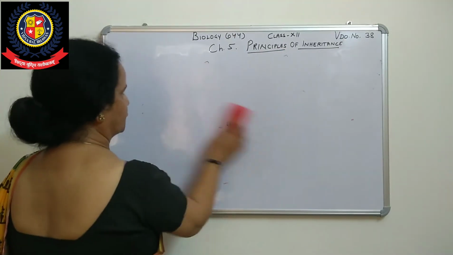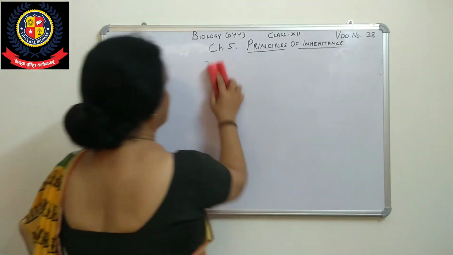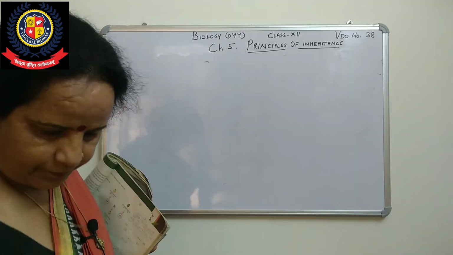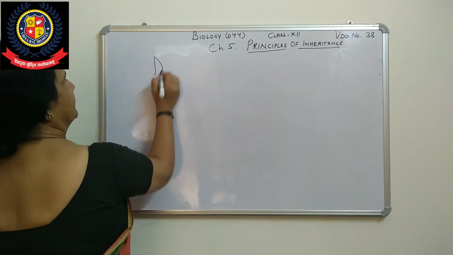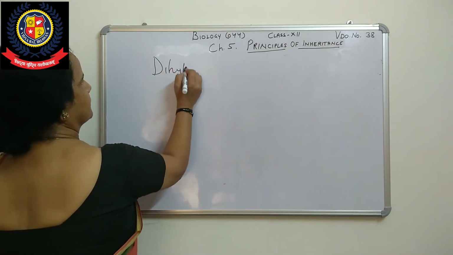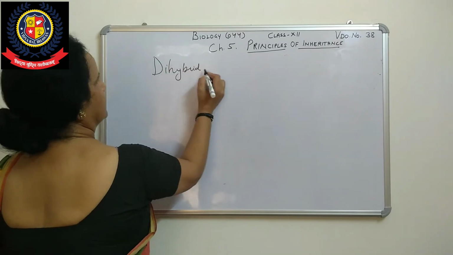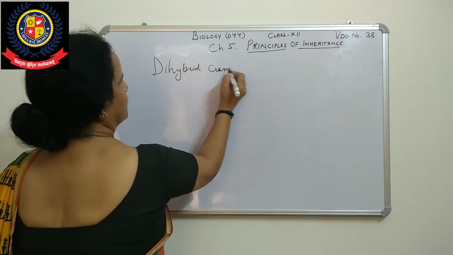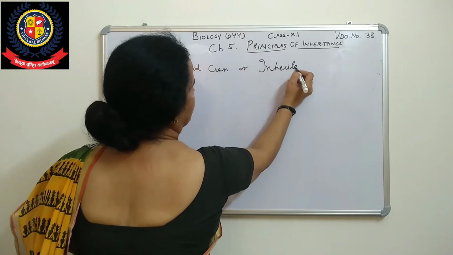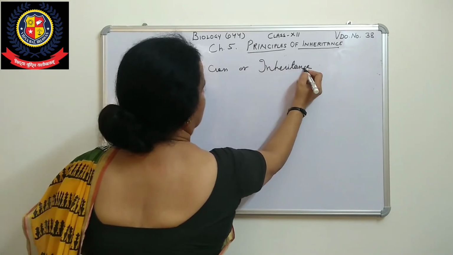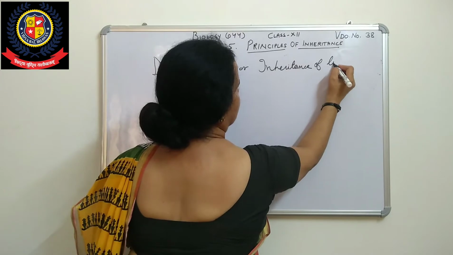So now we have to start the dihybrid cross, or inheritance of two genes.